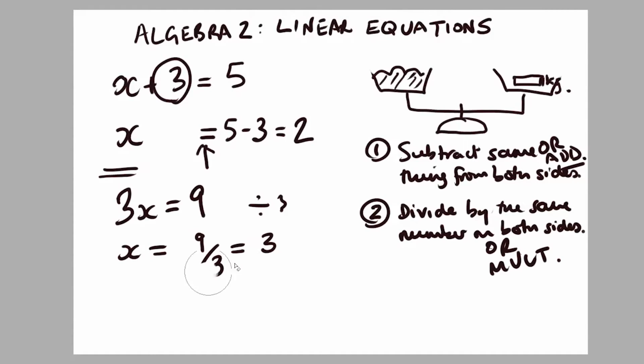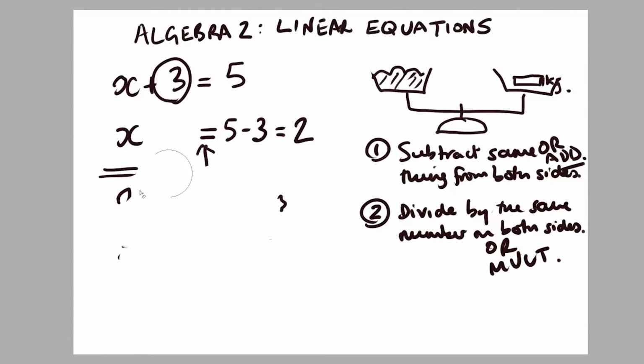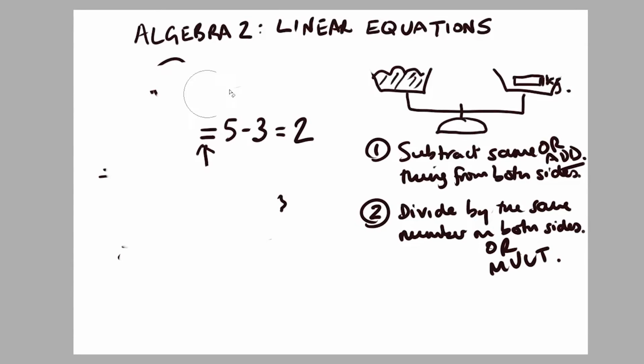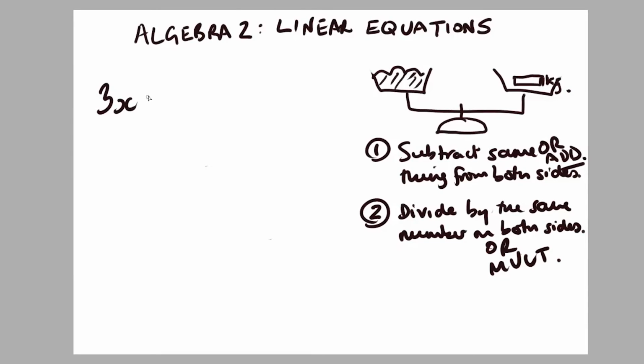What I'm going to do now is make an equation that may not be quite so blooming obvious to solve, in which we can use these rules. Okay, so here we go. 3x plus 7 equals 4 minus x.